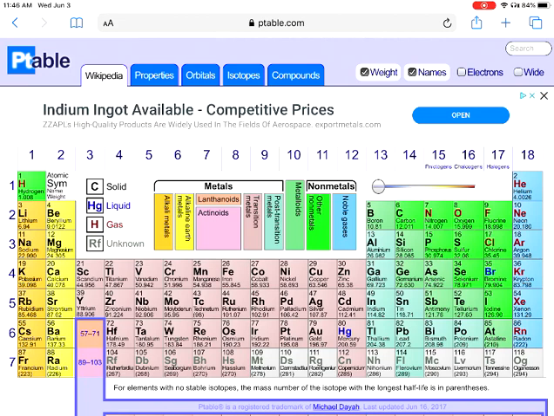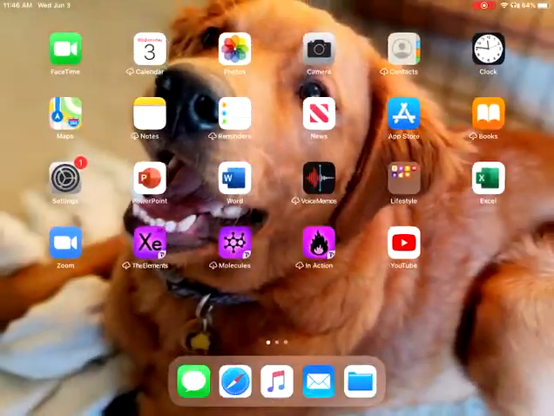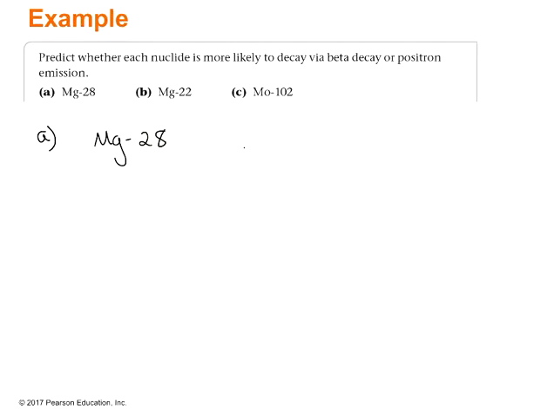Okay, so magnesium is in period 3 and it has an atomic number of 12. So that means it has 12 protons. So we could rewrite the isotopic notation to show the atomic number.